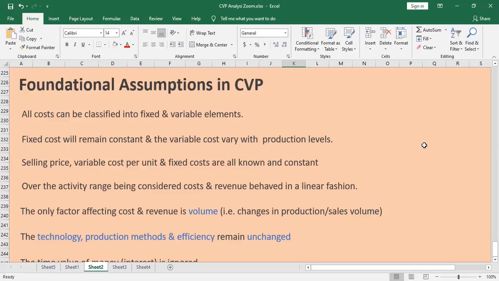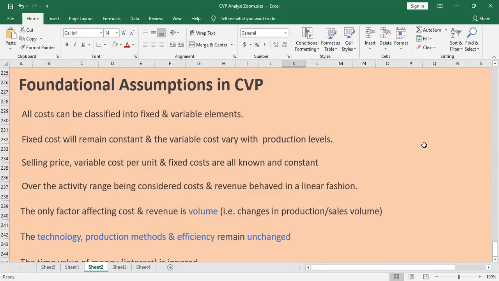And then we have fixed cost will remain constant and the variable cost vary with the production level. That is another assumption that we are making, but it will not become a limitation as such, because at the very moment that we discussed this, I explained that this is only for short term.